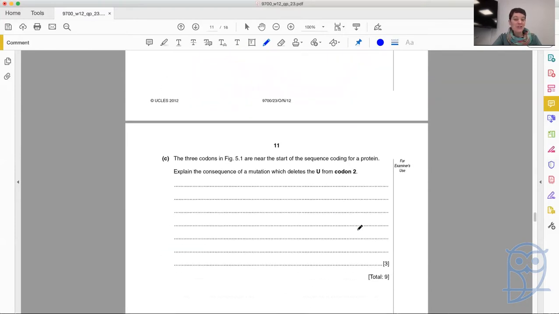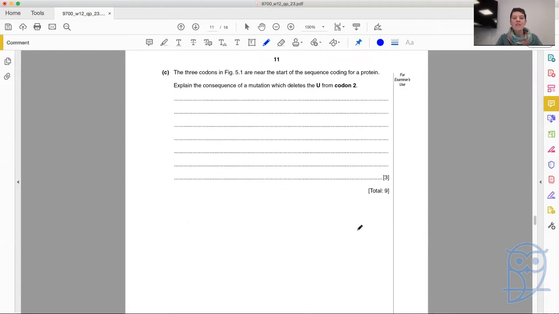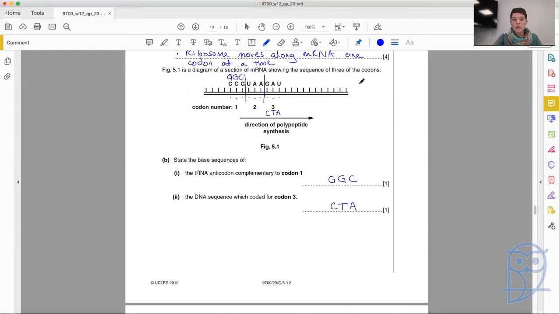So now the 3 codons in figure 5.1 are near the start of the sequence coding for a protein. Explain the consequence of a mutation which deletes the U from codon 2. So this one here would go away, completed deletion, loss of it.